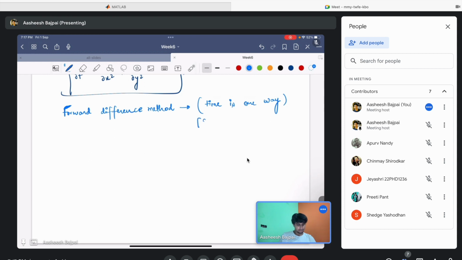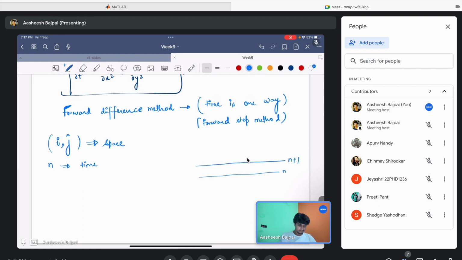So this is called the forward step method, and you can ask me questions in between about why I am using what. Like we have used i, j in space, and generally in CFD we use n for time. Here n is like n plus 1, n plus 2, and we are moving in this direction.